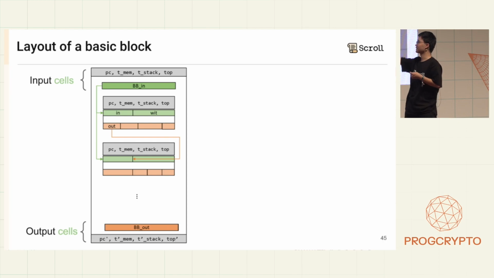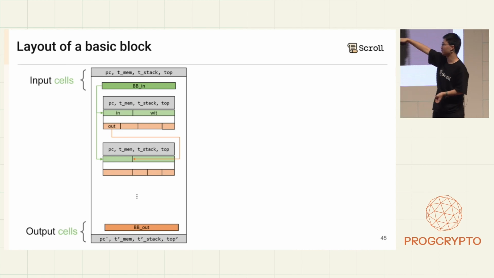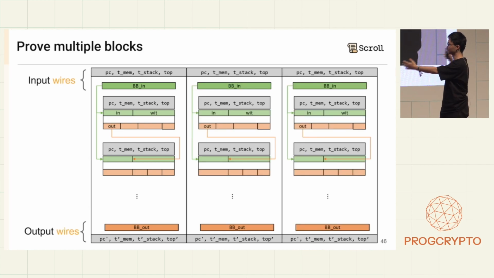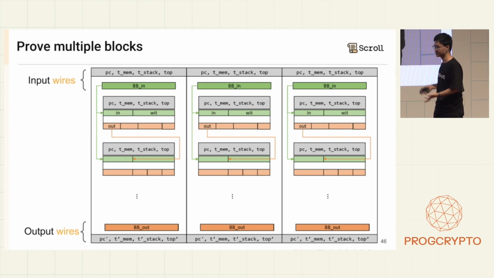You have input containing your program counter, stack operation and your input, and those are two different opcodes. I'm drawing a figure for a block which contains several opcodes, and they are connected with each other. Then you basically lay out all the blocks also in the same row and use one GKR protocol to prove that very efficiently.